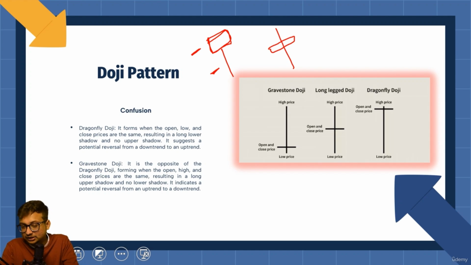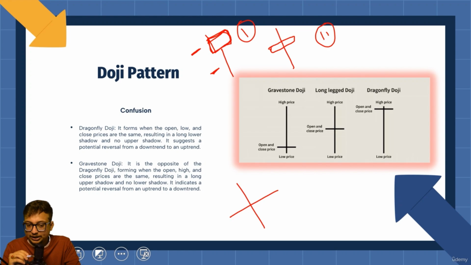I'm teaching you in terms of differences, which will clear your confusion. Why am I saying this is an extension of the hammer pattern? In the hammer pattern, the body will be this, but in the Doji pattern, the body will be very tiny. This is number 1.